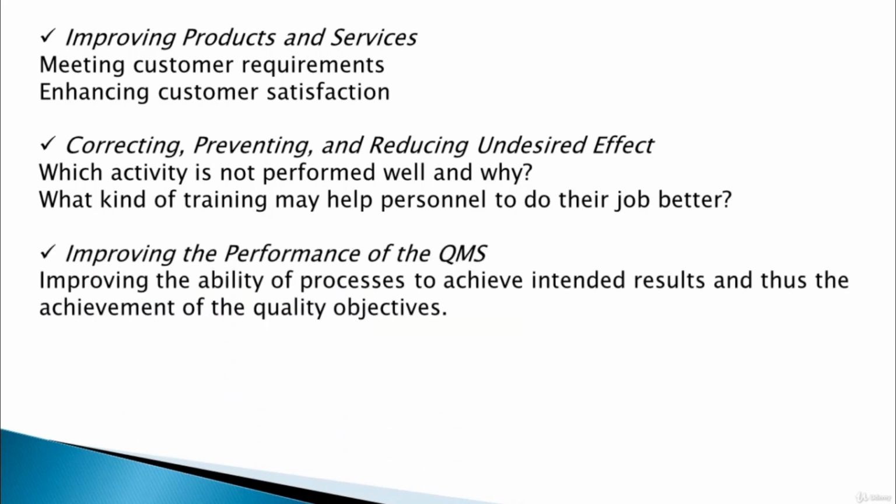Now, we can also talk about improving the performance of the QMS or the quality management system, which basically means improving the ability of processes to achieve intended or desired results, and thus the achievement of the quality objectives. Now, performance of the QMS needs to be monitored, measured, and evaluated through many quality tools and methods suggested, of course, by the standard.